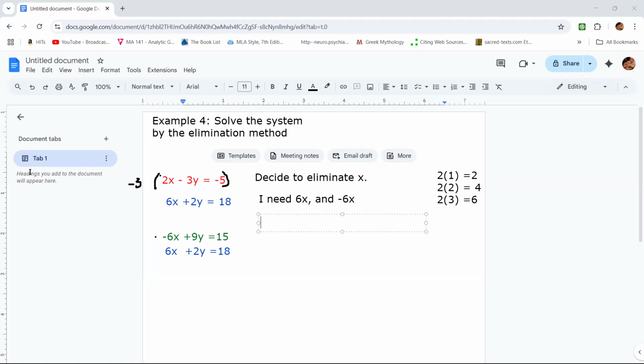I'll write this three. Multiply the first equation by -3 to get opposite x coefficients.